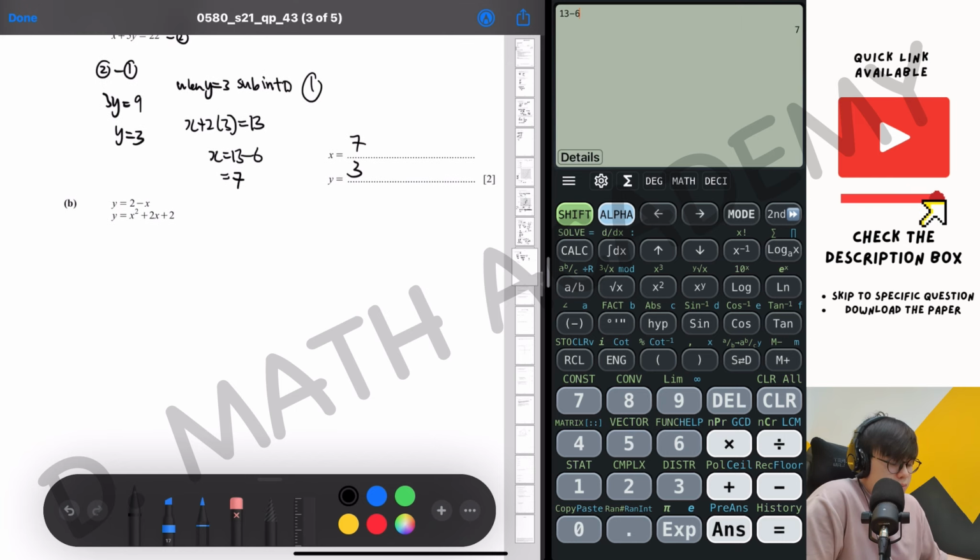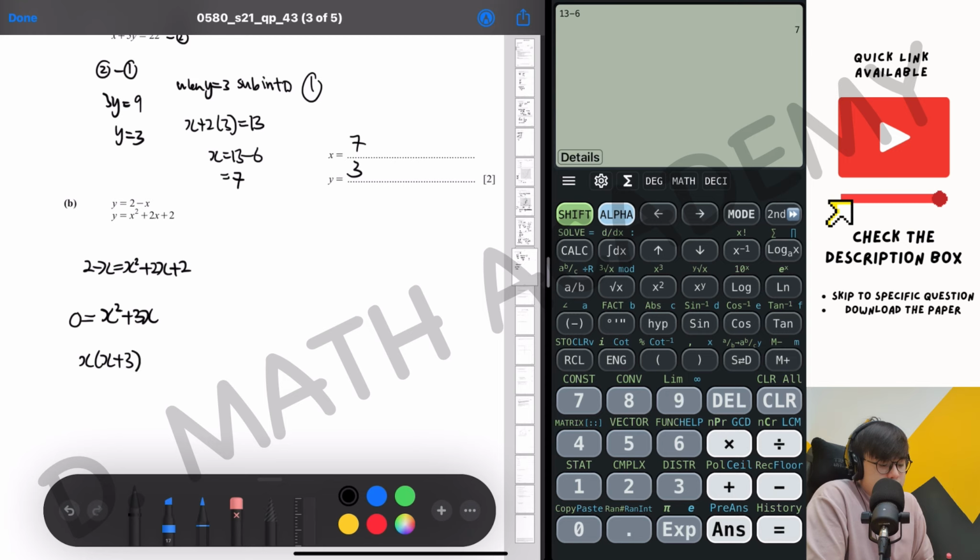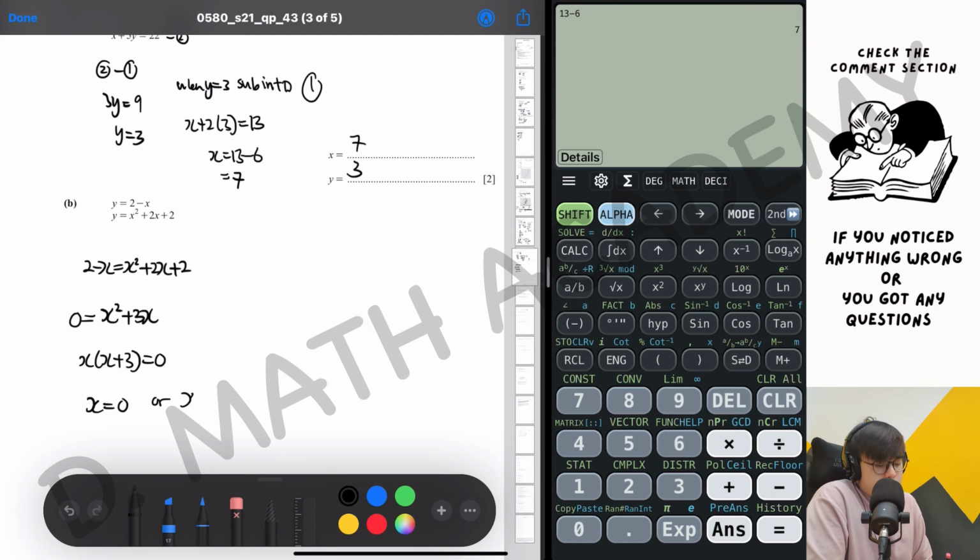Okay, then from here you need to rearrange it. 2 minus x equals x squared plus 2x plus 2. Sort them out, you will get your final result of x squared plus 3x equals 0. Then your x value would actually be x plus 3 equals 0, so x equals 0, or x equals negative 3.